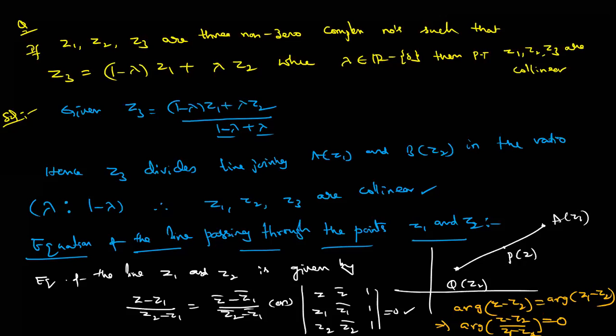Argument of any complex number being 0 means you should understand that it is purely real. For purely real, the formula is Z is equal to Z bar. Apply that. That is what I wrote here, the Z is equal to Z bar concept.